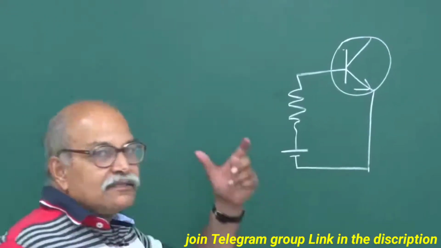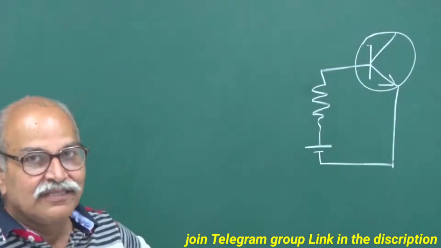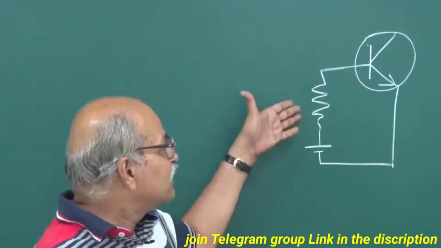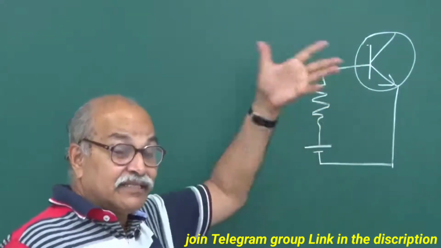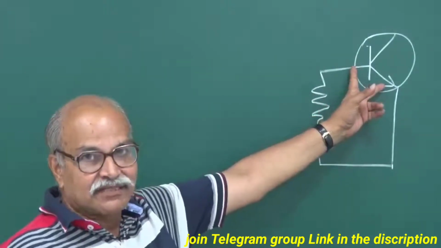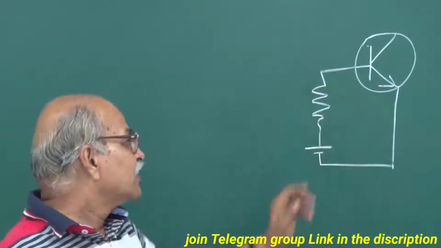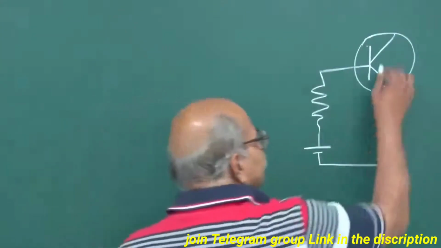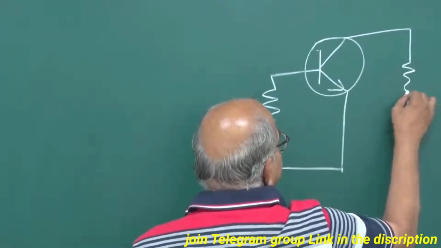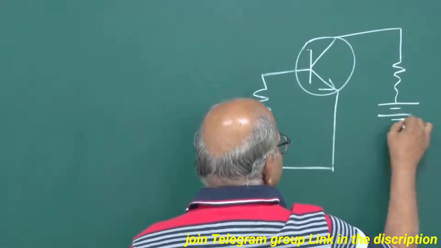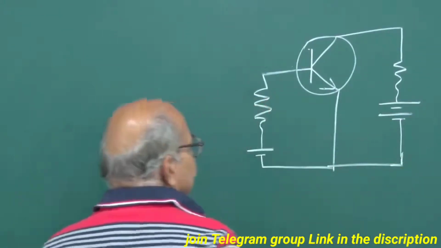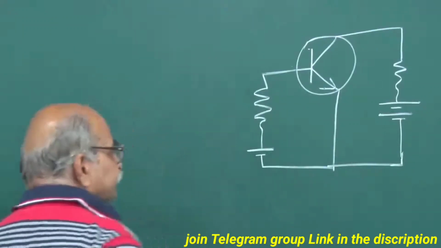Always use this basic physics to remember things. It is not that I have to connect this positive that side in NPN, in CE mode, etc. This has to be forward biased, that is it. So, that will decide what kind of polarity should be here. And this is N, so this should be connected again to the positive of the battery. So, this is our configuration. This is our CE configuration.